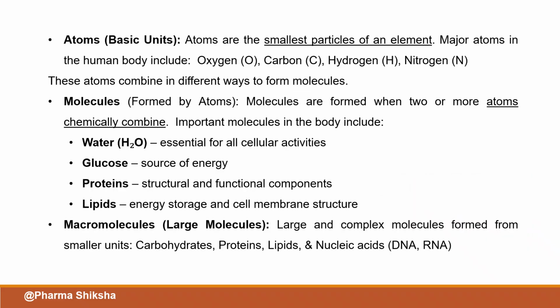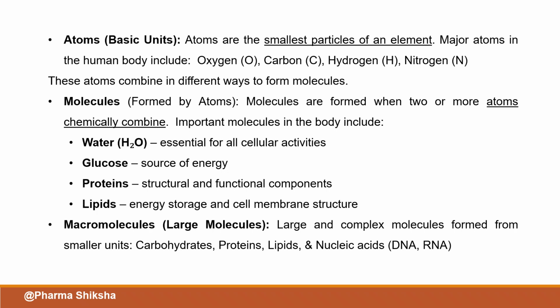Atoms are the basic units and they are the smallest particles of an element. The major atoms in the human body are oxygen, carbon, hydrogen, nitrogen, and these atoms combine to form the molecules. Molecules are formed when two or more atoms are chemically combined.